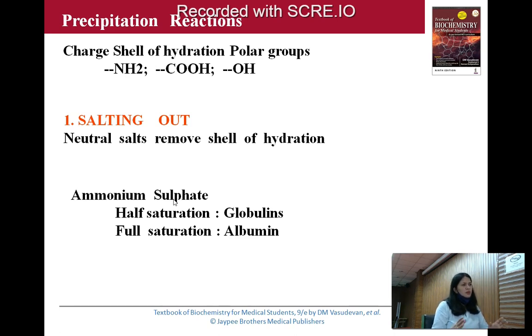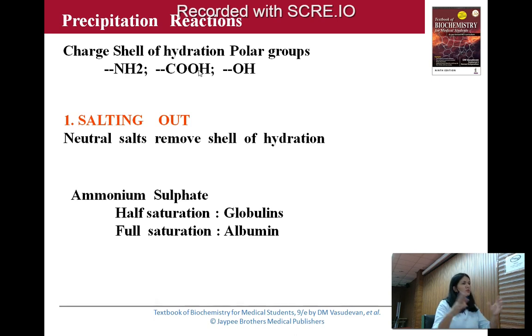Remember, in aqueous solution, protein molecules are surrounded by a layer of hydration because of the different types of charges present on the protein molecule. For example, the serine amino acid has a hydroxyl group, a carboxyl group, and an amino group which tend to form hydrogen bonds with water.